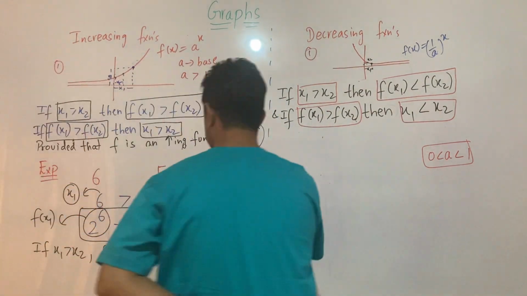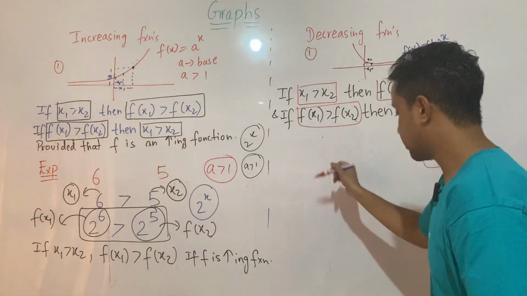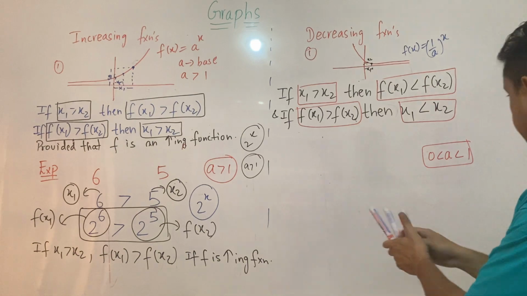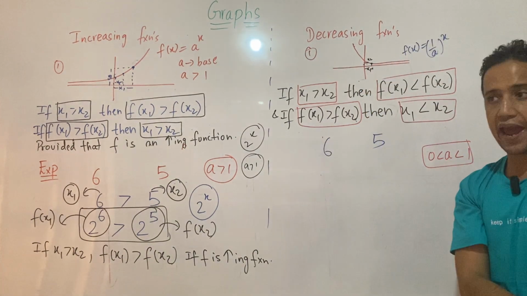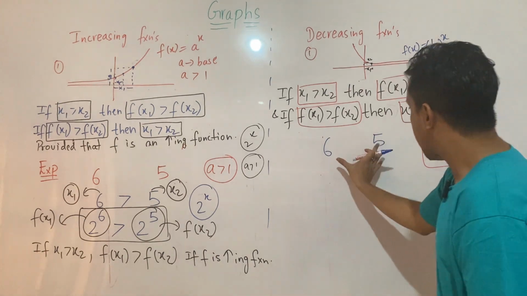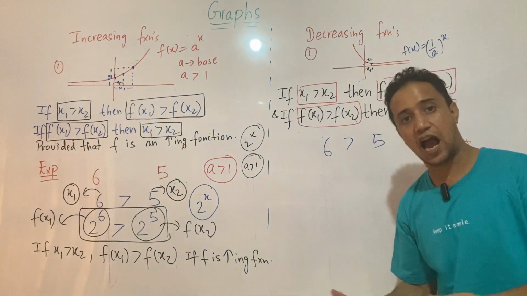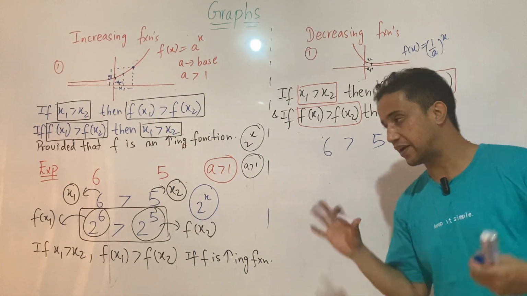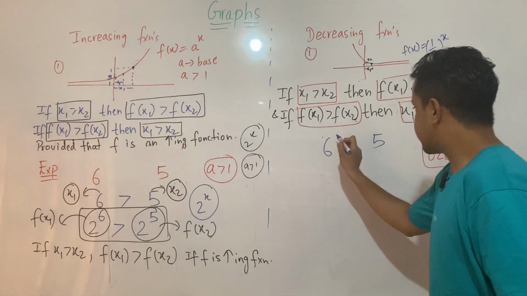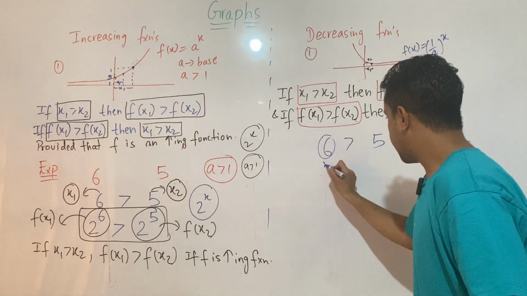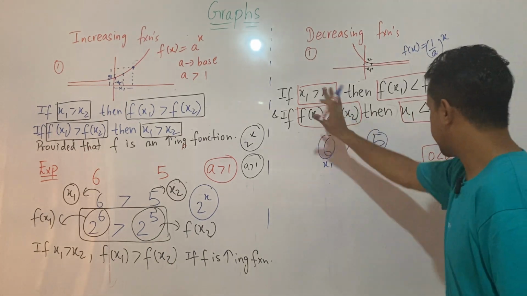Here again we are using the same thing. Again here I have taken two numbers, 6 and 5, and I can say that 6 is greater than 5, because that's how math is defined. This is my x1 and this is my x2. x1 is greater than x2.